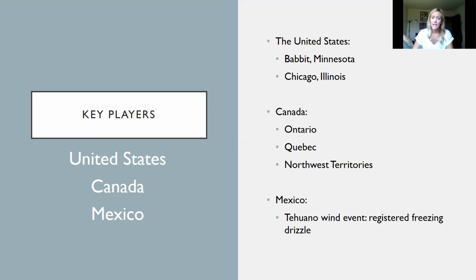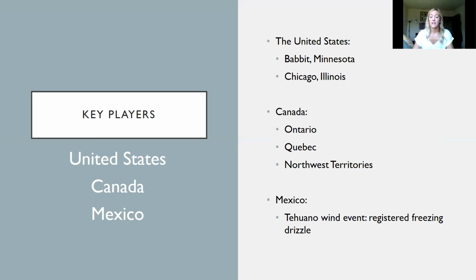In Canada, it was noted that Ontario, Quebec, and the Northwest Territories were most impacted by this event, and as such, those localized governments played a key role in navigating and mitigating what was happening as far as snow and rainfall.